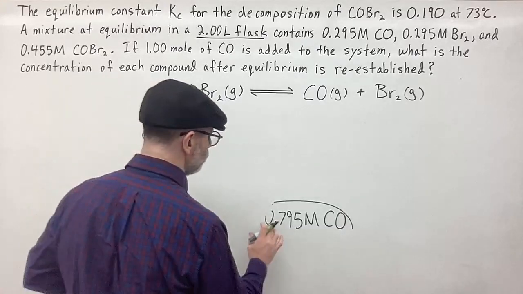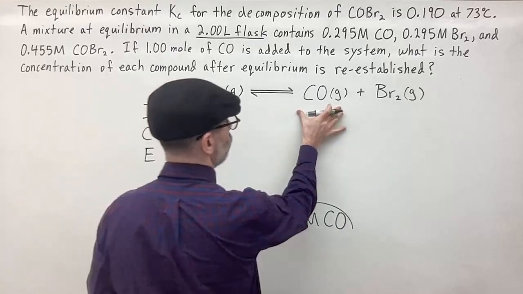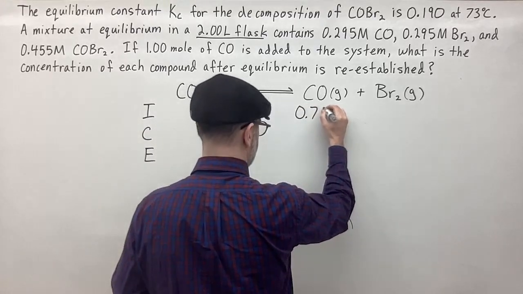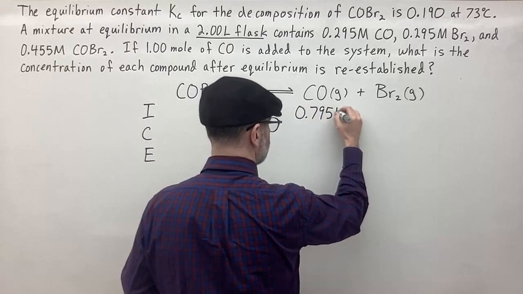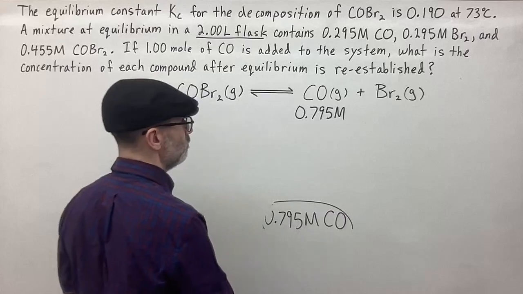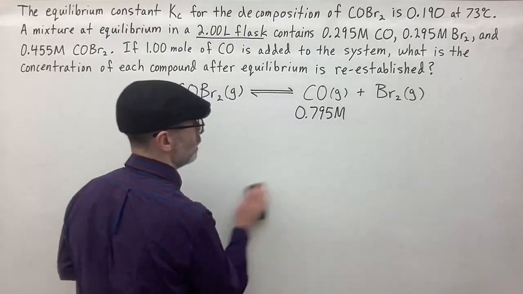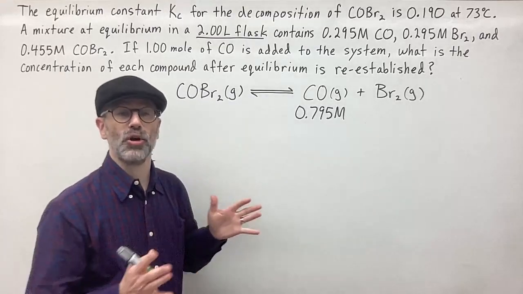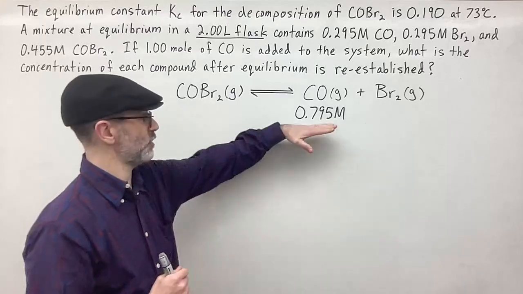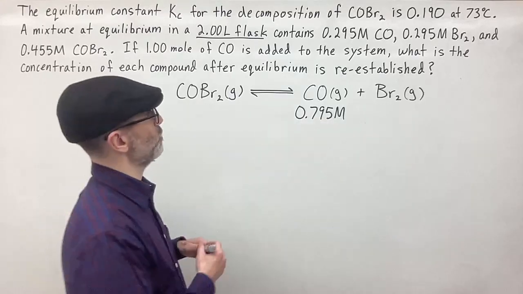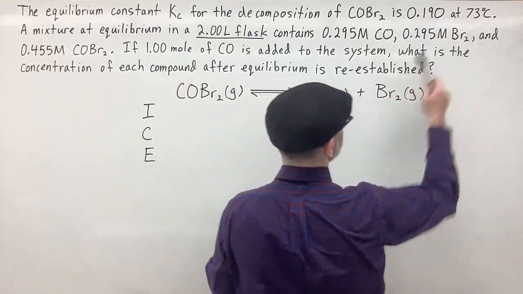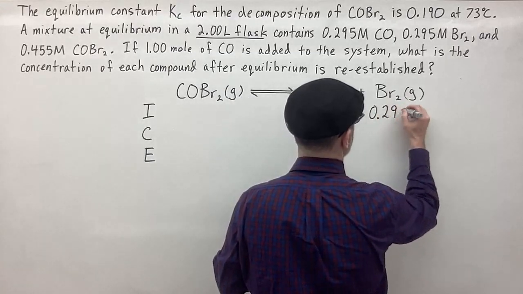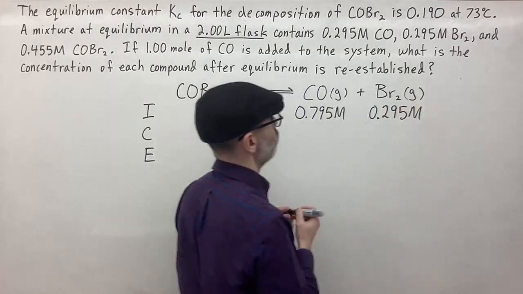Okay, so for CO, our new concentration is going to be here, 0.795 molar. And the other concentrations are going to be the same as before, but no longer at equilibrium, because we've changed the concentration of CO. So Br2 is still 0.295 molar to start with.